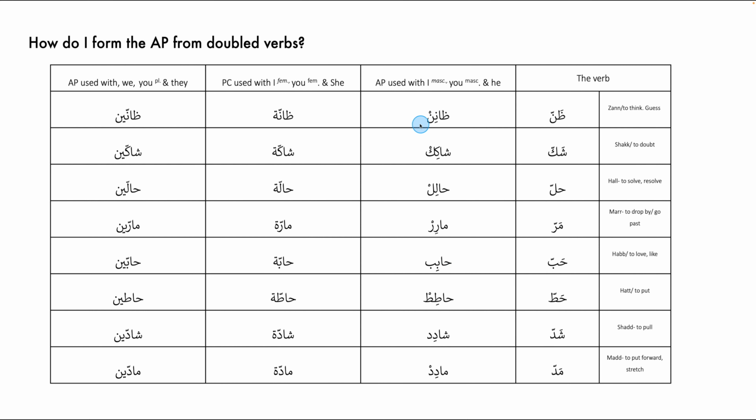But when we form the feminine, you double those letters back again, so it becomes zanne, shakik becomes shake, halil becomes halle, and the doubling stays with the plural form.